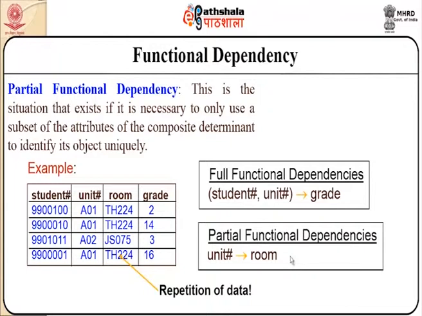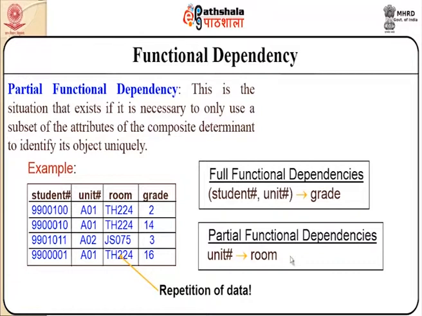Student number and unit number are the primary keys of this relation. So, we will say grade is fully functional dependent on student number and unit number, whereas room is partially functional dependent on unit number. That is how we define functional dependency in relevance with this normalization procedure.